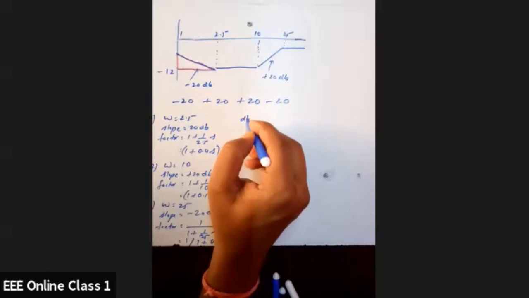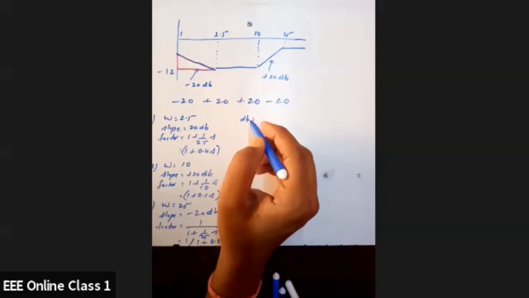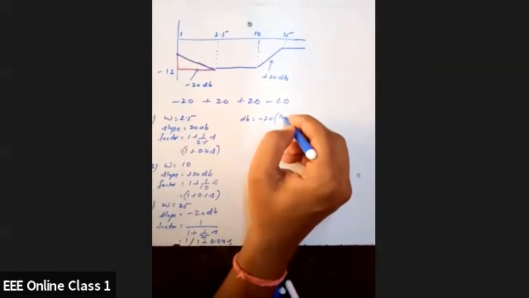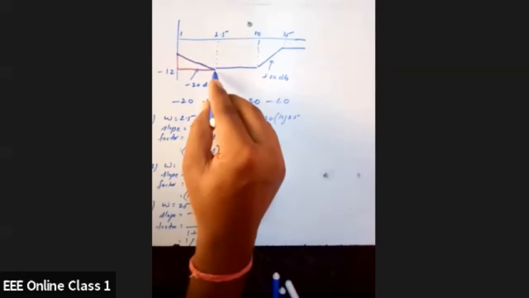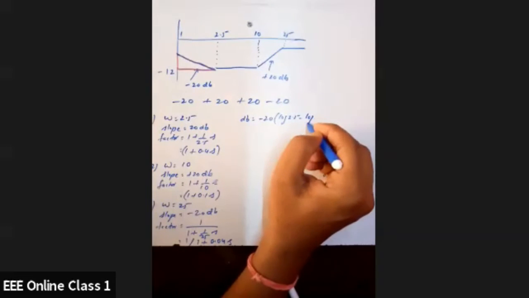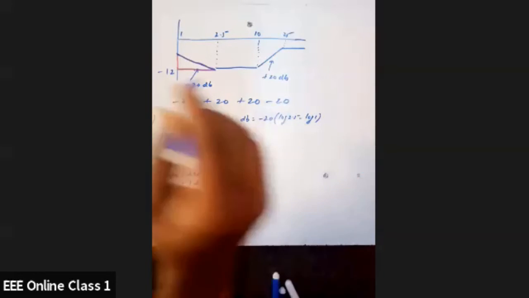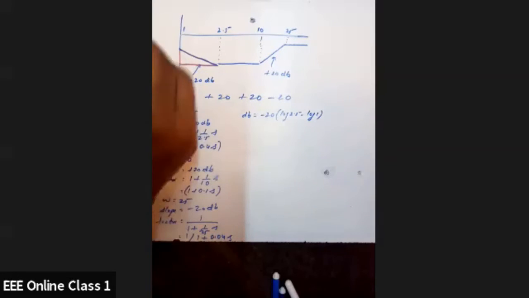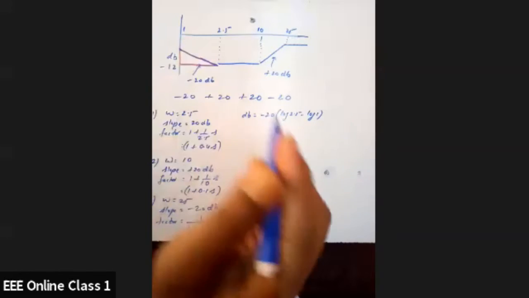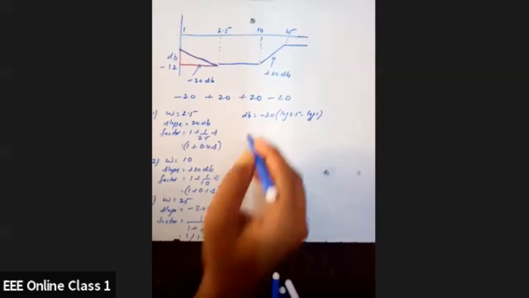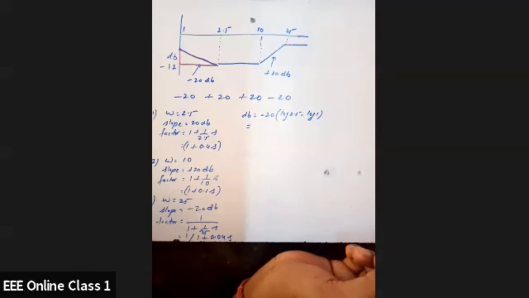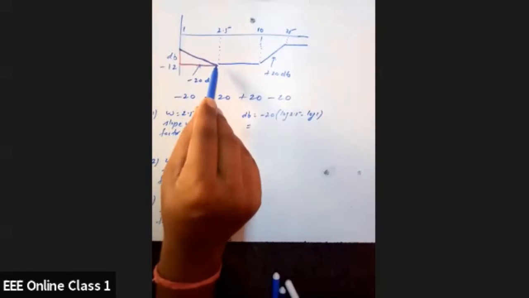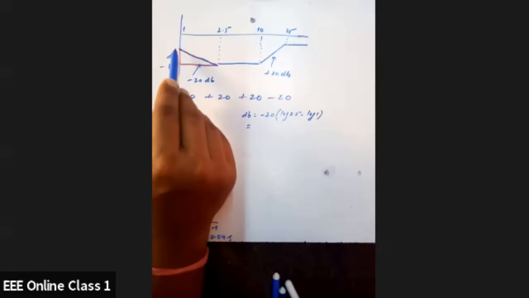So let us find out the dB. The slope is minus 20, log of 2.5, and this side is log of 1. I am trying to find out how much this dB is. Taking this triangle, I know the slope, I know omega 2, I know omega 1, and I just want to know this dB.